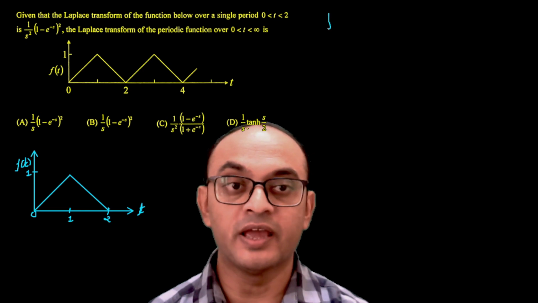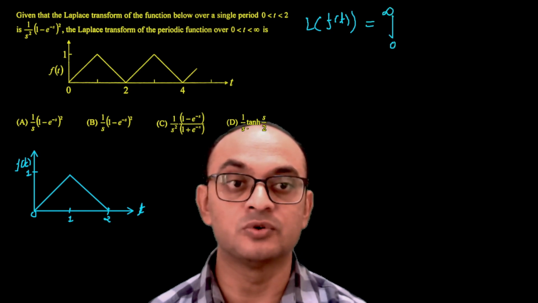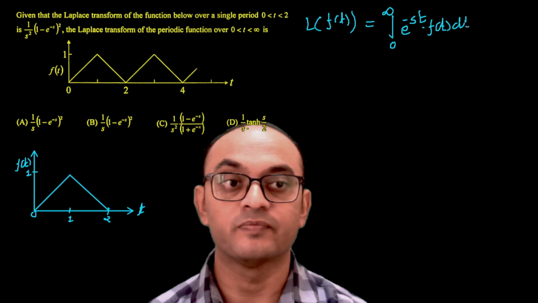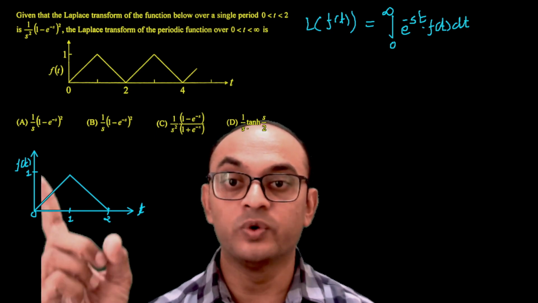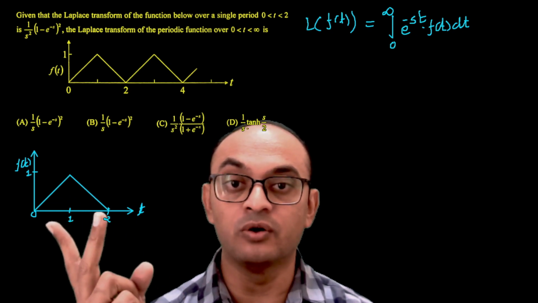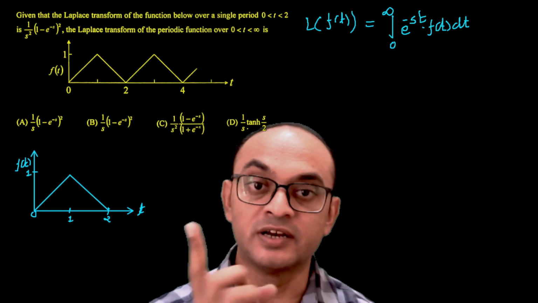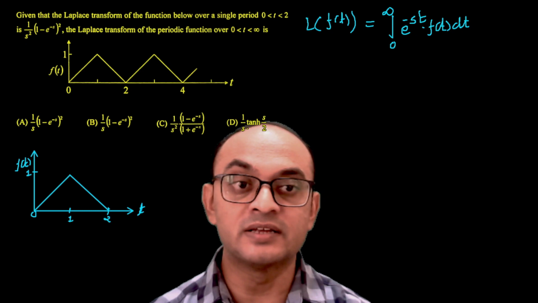Suppose I have given any function f(t), then what is the Laplace transformation of f(t)? The definition is the integral over 0 to infinity of e^(−st) f(t) dt. I have given function f(t) which is defined only on 0 to 2. After that the function is considered as 0. So I use that concept here.